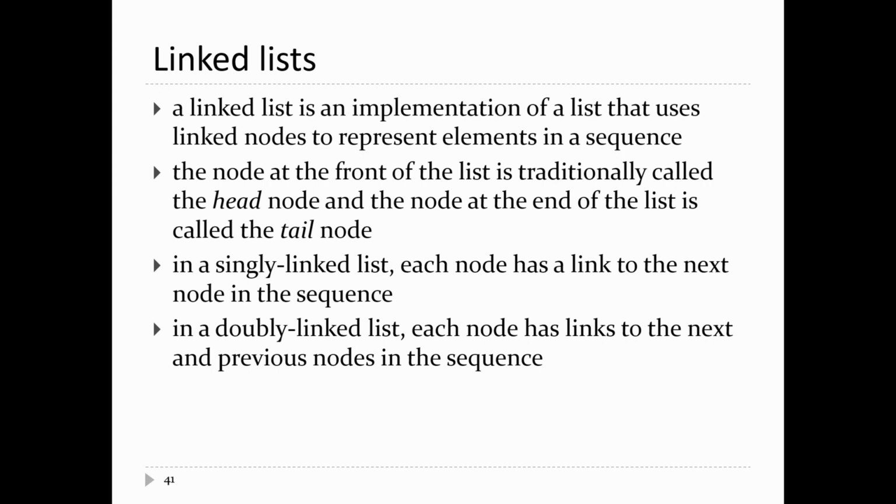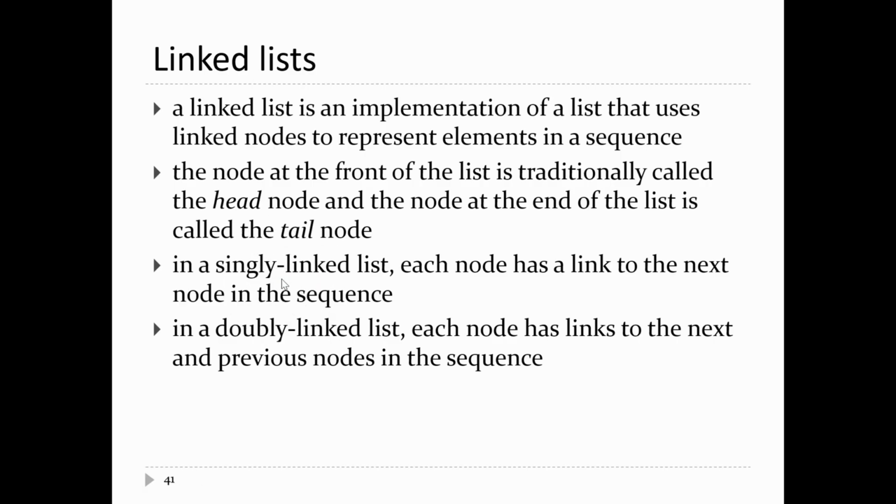There are many variations on this thing, so I'm only going to talk about the singly linked list. The node at the front of the list is traditionally called the head node, and the node at the end of the list is traditionally called the tail. You can also call it front and back, but by tradition they're called the head and tail.